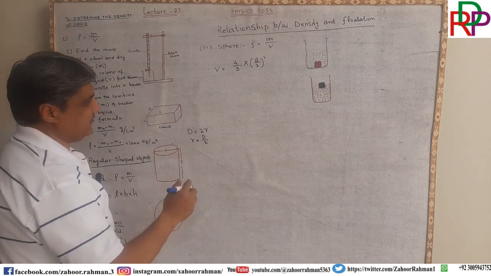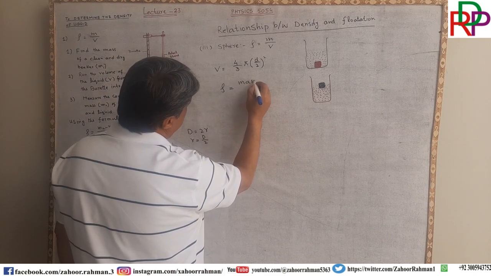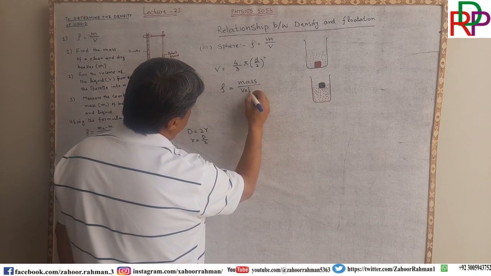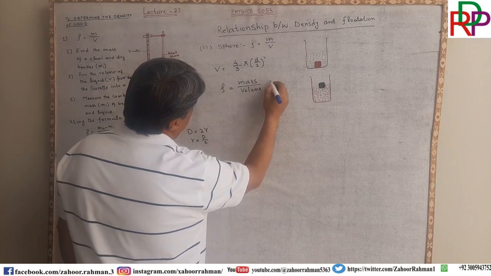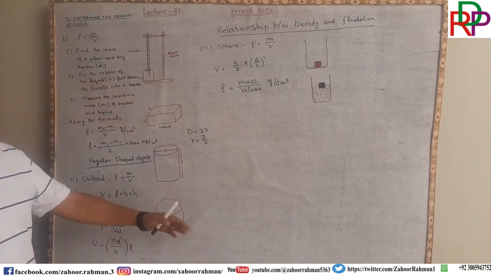So you can find these values as well. If you are finding rho, which is mass per unit volume, in gram per centimeter cube, then you have to use this one.